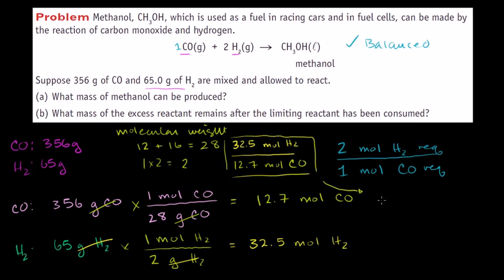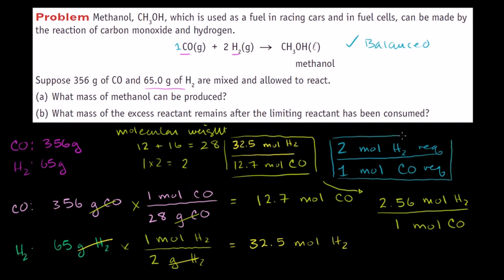I could write this as we have 2.56 moles of molecular hydrogen for every 1 mole of carbon monoxide. So this is what we need for our reaction to occur. This is what the balanced equation tells us.